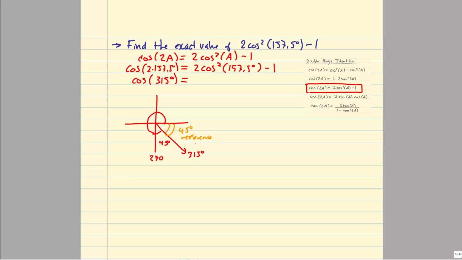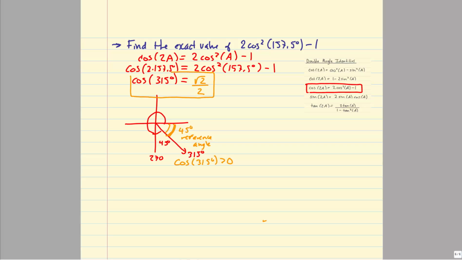Because remember, the reference angle is the distance to the nearest horizontal, so that's this orange right here. So cosine is positive. So the cosine of 315 degrees is going to be positive in the fourth quadrant, and it's going to have the same cosine as 45 degrees. So the cosine of 315 degrees is the square root of 2 over 2, and it will be positive because I'm in the fourth quadrant.